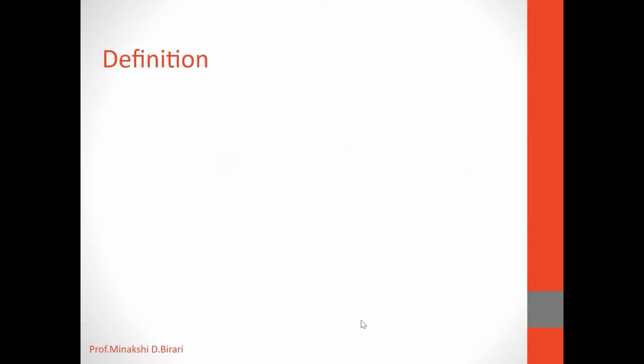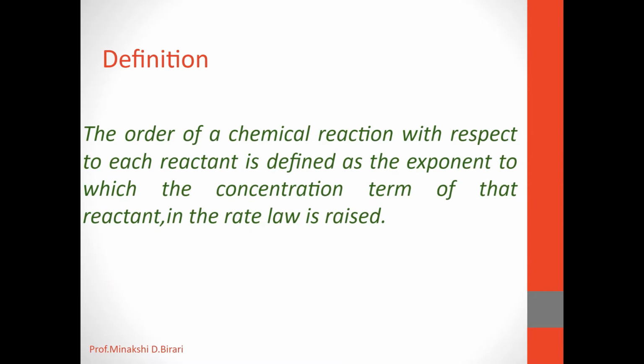So, how can we define order of reaction? The order of a chemical reaction with respect to each reactant is defined as the exponent to which the concentration term of that reactant in the rate law is raised.